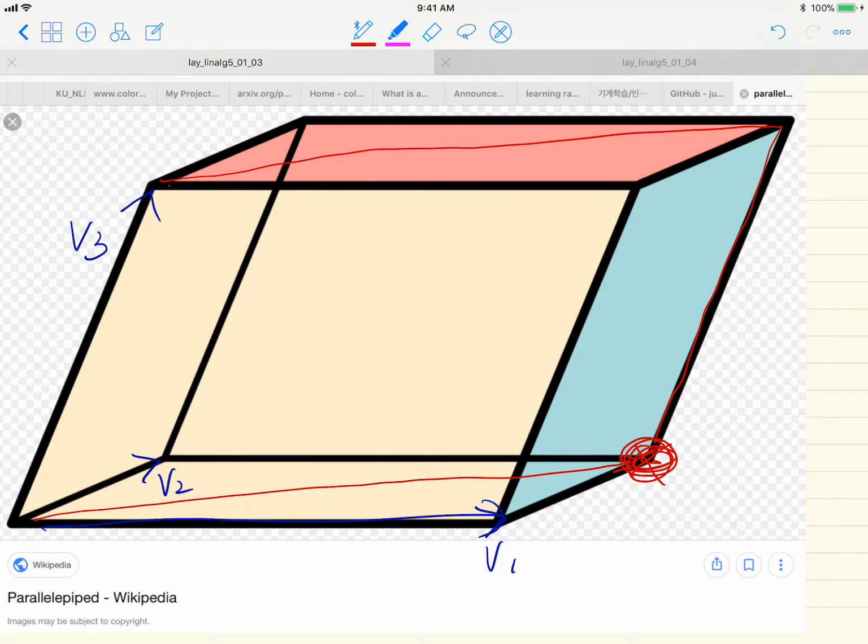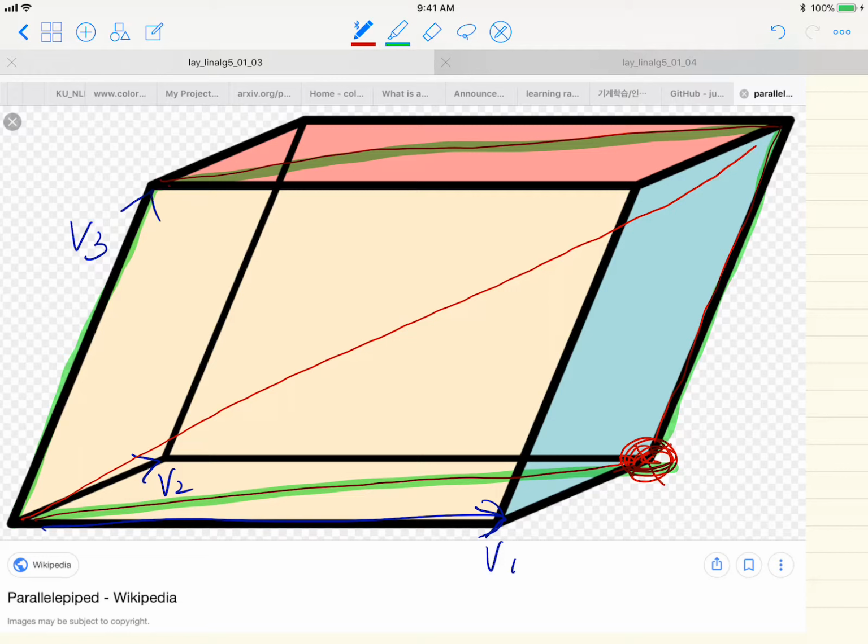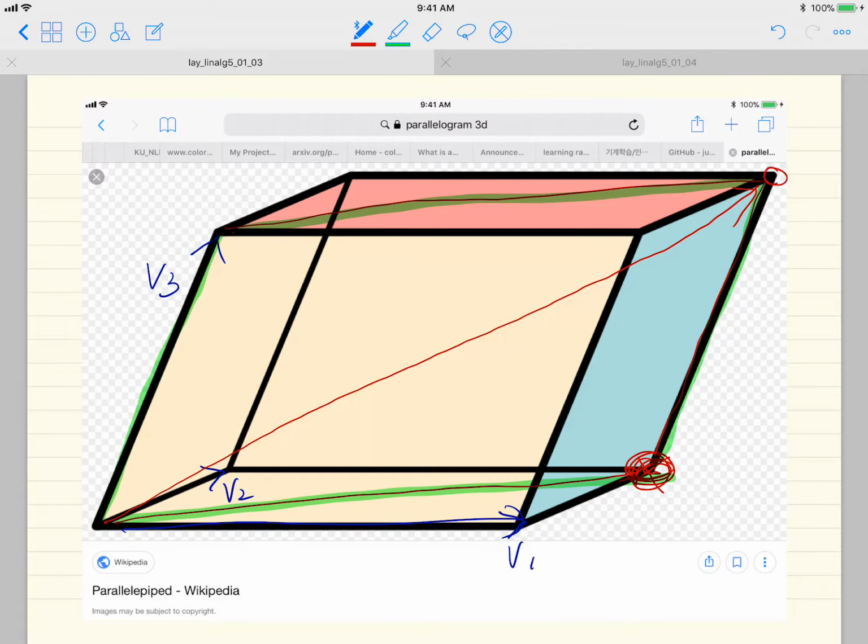Let me draw this new parallelogram, and in it the resulting vector is something like this. So it can be viewed as a three-dimensional parallelogram when adding these three vectors, and the resulting linear combination of these three vectors corresponds to this vertex in this three-dimensional parallelogram, right?